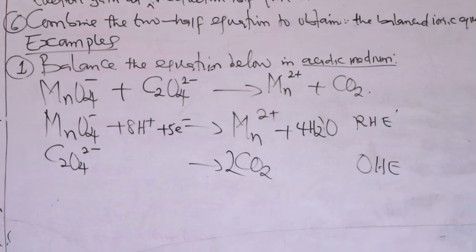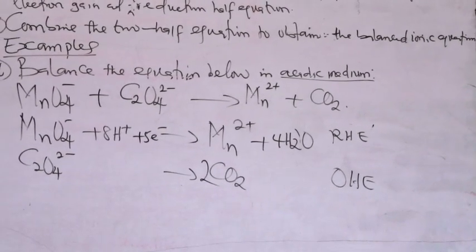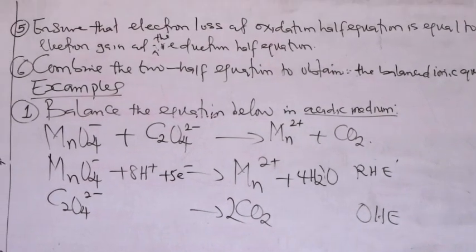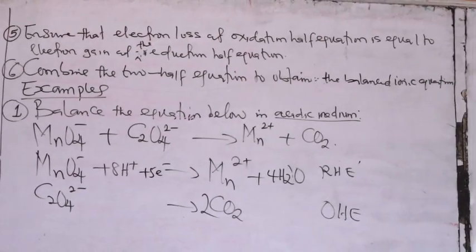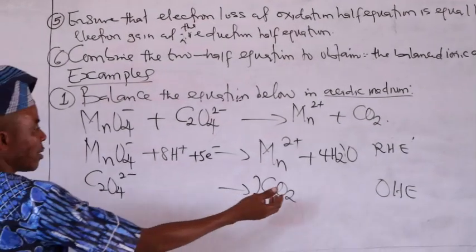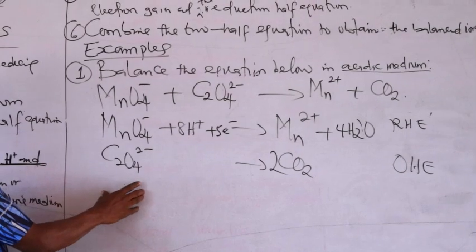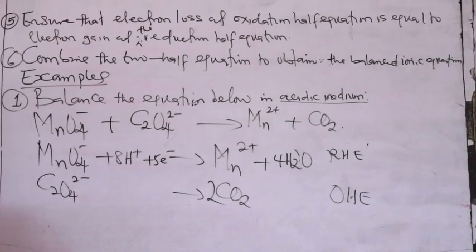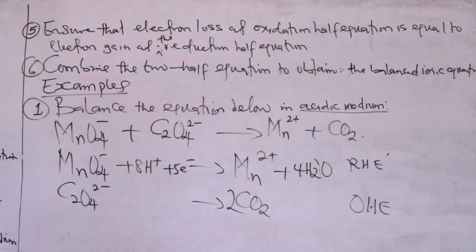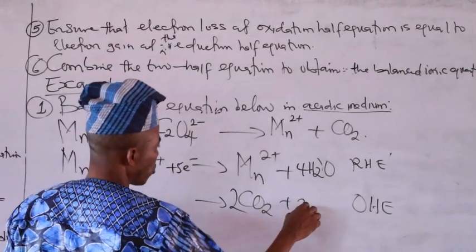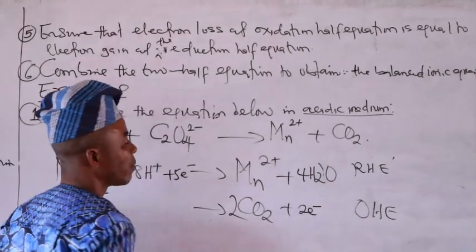How many electrons are we adding at the oxidation half equation? 1, 2, 2. You see, there is no charge here. This is 0. We only have 2 minus here. That means we are adding 2 electrons. Where are we adding electrons? Right hand side. We have plus 2e-.